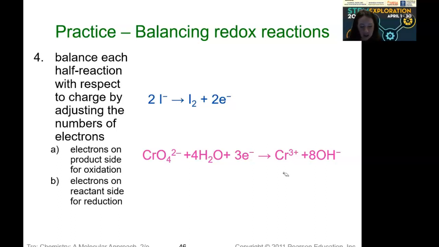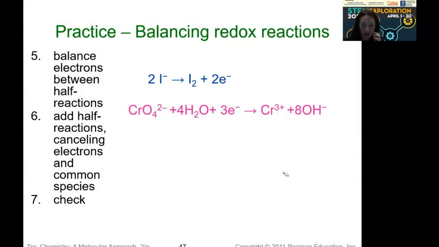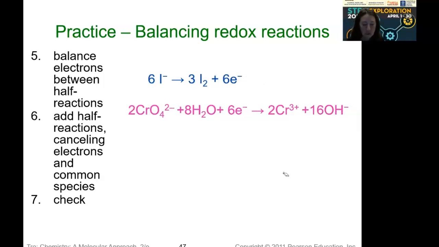Okay, so now we need to multiply to get rid of our electrons. So we're going to multiply the top one by 3, the bottom one by 2. When we do that, this is what we should have, right?